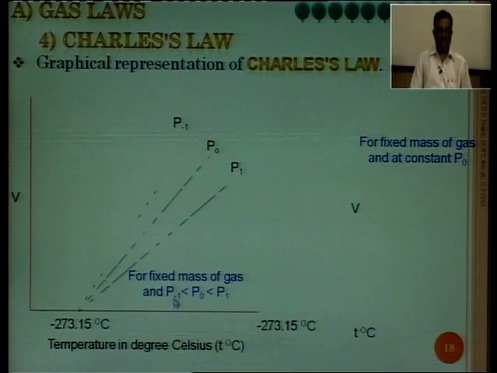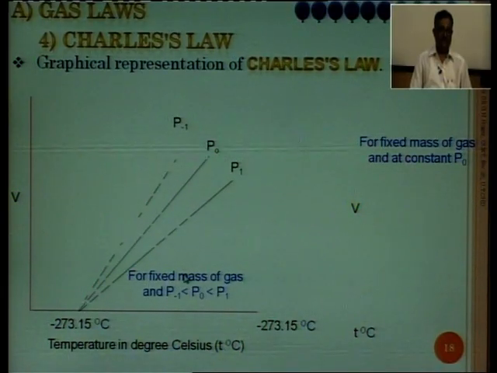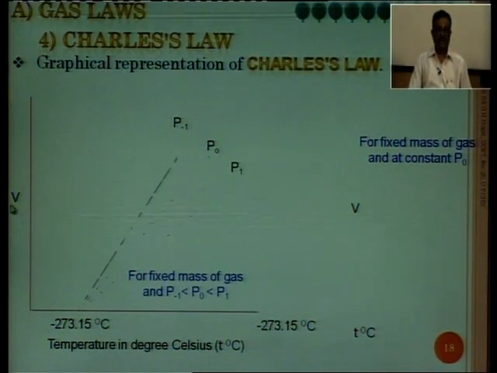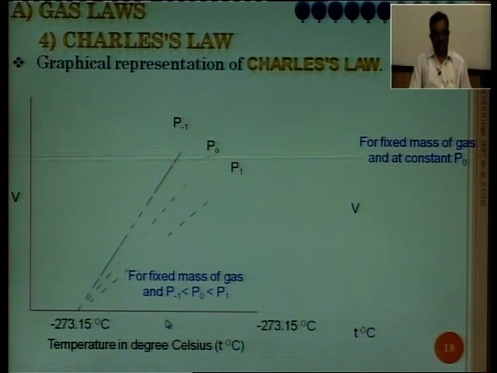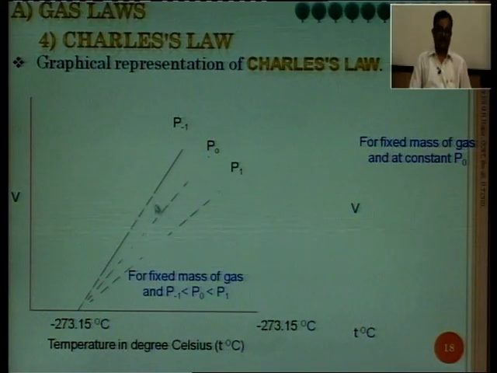So, P1 is less. The lesser the pressure you have maintained for a given fixed mass of a gas, while studying the variation of volume with the temperature, the slope of the graph will be more. These are isotherms.